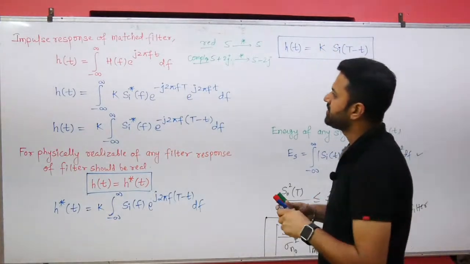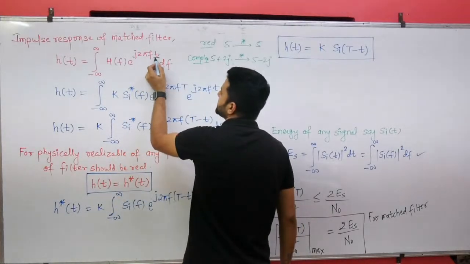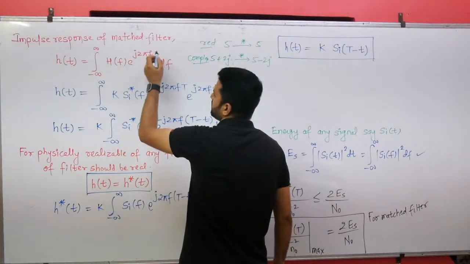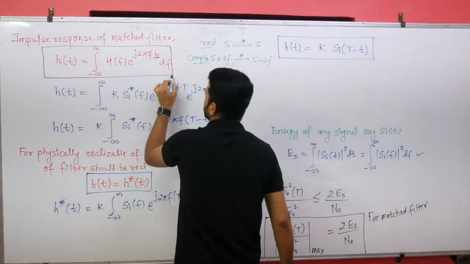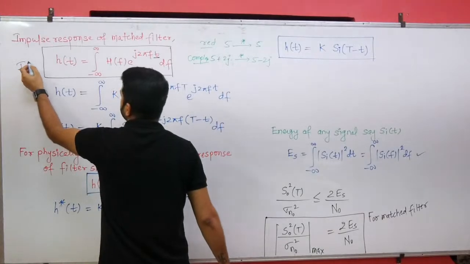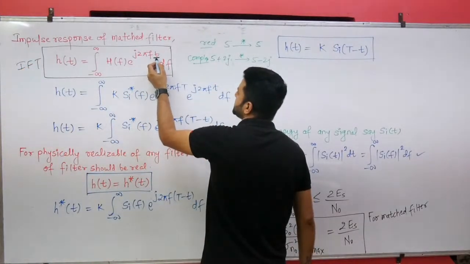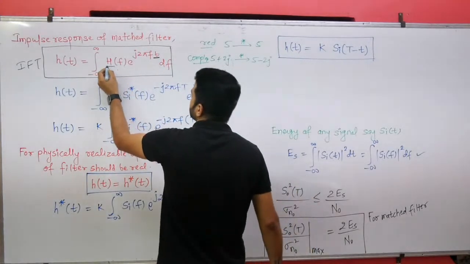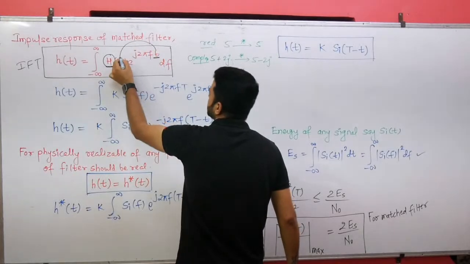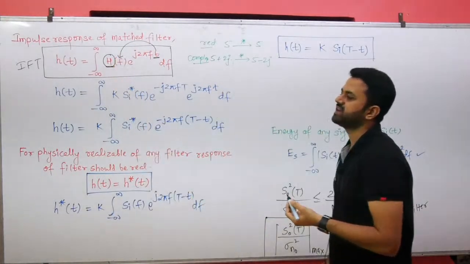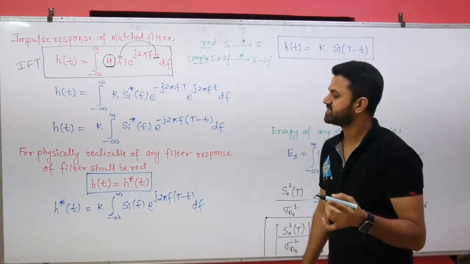See, understand this point: if we have t here in the formula of inverse Fourier transform, this is the formula of inverse Fourier transform. In the inverse Fourier transform, if it is t and whatever function is here, that is h, we keep it in the argument of small h, that is its inverse Fourier transform.